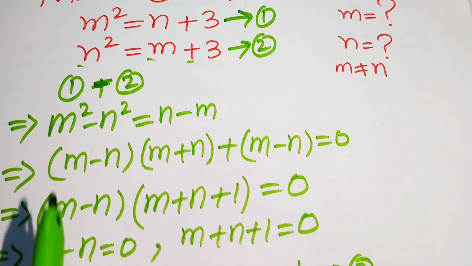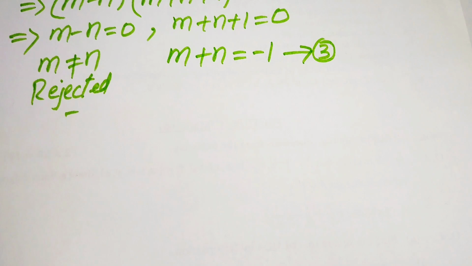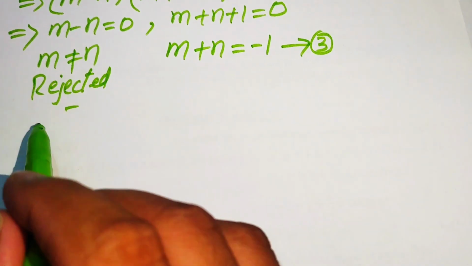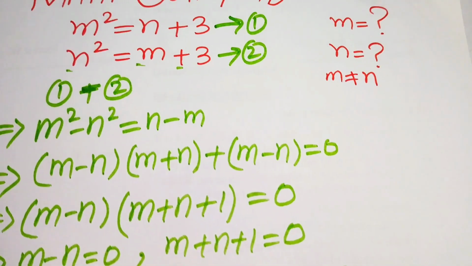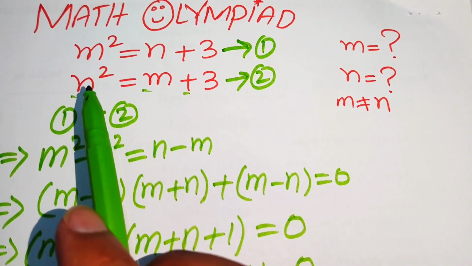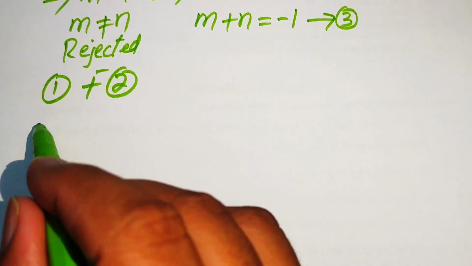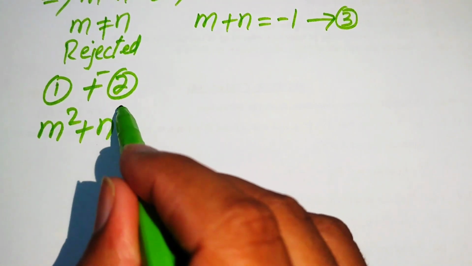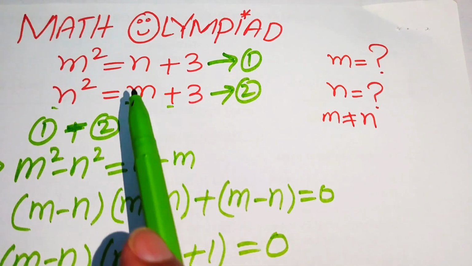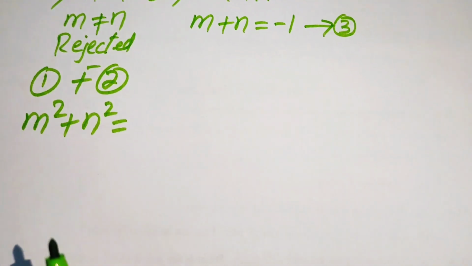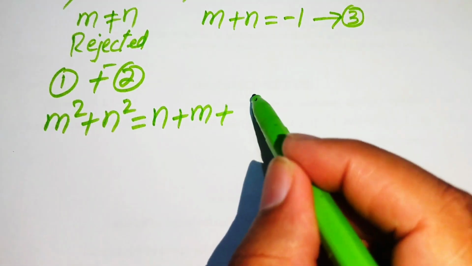So first we subtracted equation number 1 and 2, and now we add equation number 1 and equation number 2. If we add equation 1 plus 2, we add left hand side with left hand side, so we get m square plus n square, and on the right hand side we add n plus m and 3 plus 3, so it becomes n plus m plus 6.